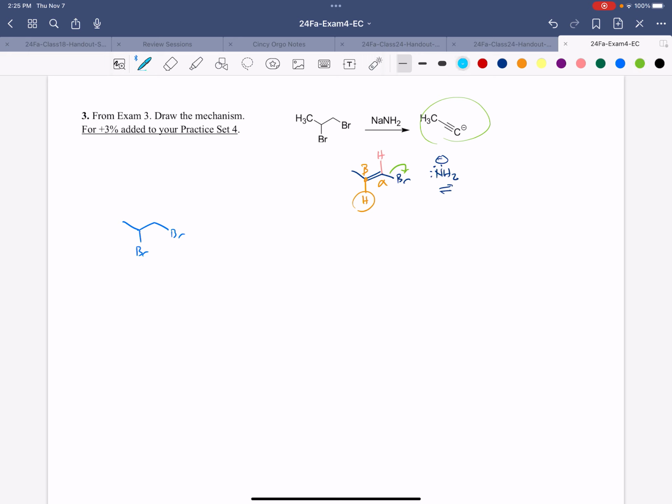Which hydrogen do I want to remove? Let me do one of these. And now we have a base.